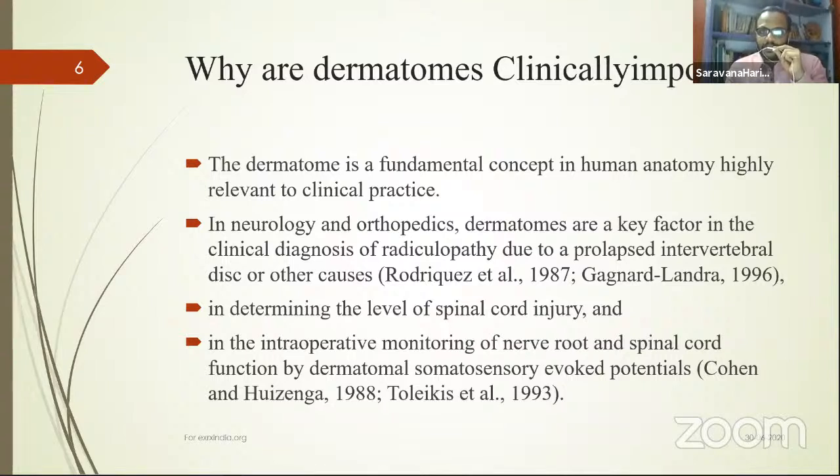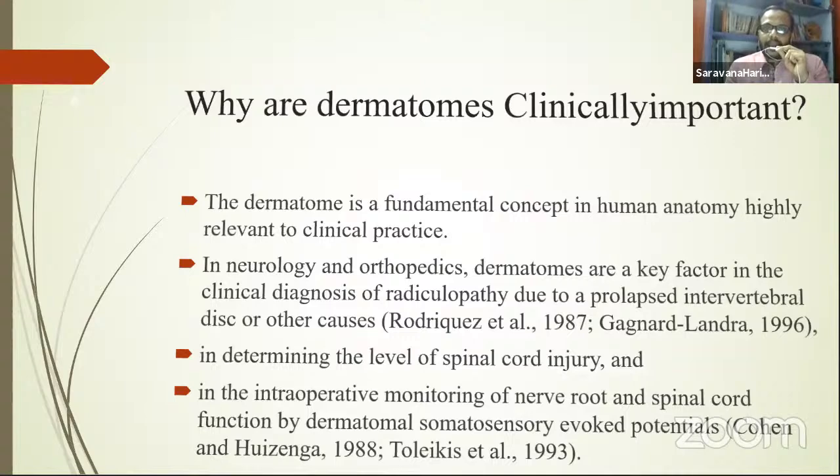In neurology and orthopedics, we depend more on dermatomes. And in spinal cord injury, the dermatome plays a very important role in deciding the level of spinal cord injury. And apart from our field, in intraoperative monitoring also, dermatomes and dermatomal somatosensory evoked potentials are very important. So dermatome is closely related to clinical practice.